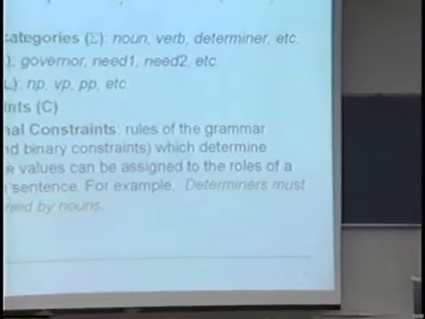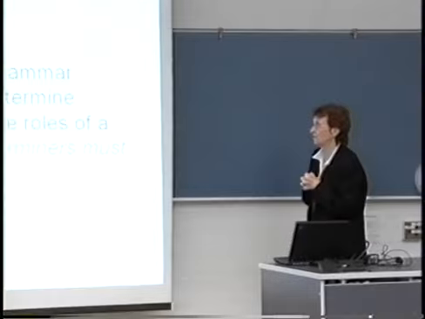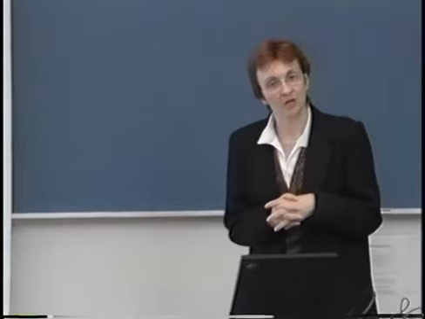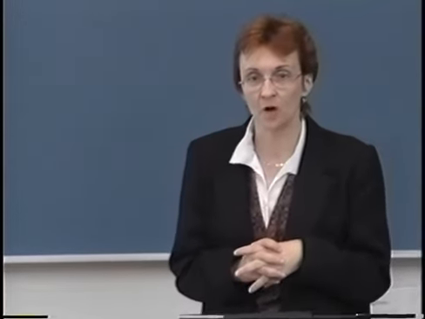Now, traditional constraints in CDG were if-then rules, and there were two types, unary and binary constraints. You could actually have had more, but it would have cost you more to do the processing. Unary constraints take n squared time to apply, and binary constraints take n to the fourth time to essentially propagate.